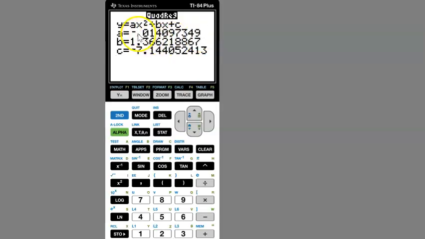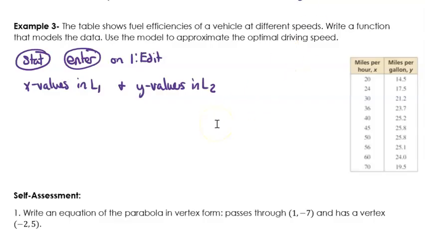So this is your A value. We're going to call it negative 0.14. B, we're going to call 1.37. And C, negative 7.1. And you can see right here the format. Okay. So just to jot that down super quick so you have the buttons for that. Once we got the data entered in, we pressed Stat. We went over to the right to where it said Calc.